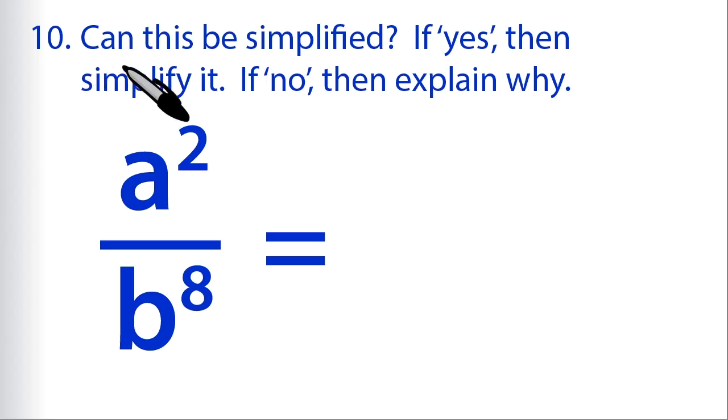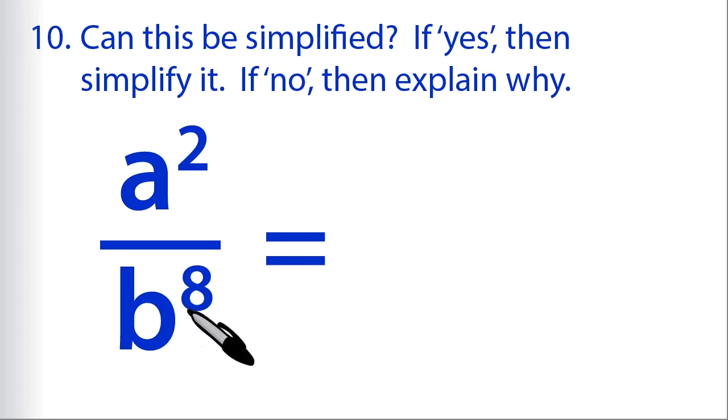For problem 10, we're asked, can this be simplified? If yes, then simplify it. If no, then explain why. And we're given a fraction again, and we have a squared over b to the 8th. And we need to know if we can simplify it. Can we use the trick we used before to subtract the exponents and simplify this?